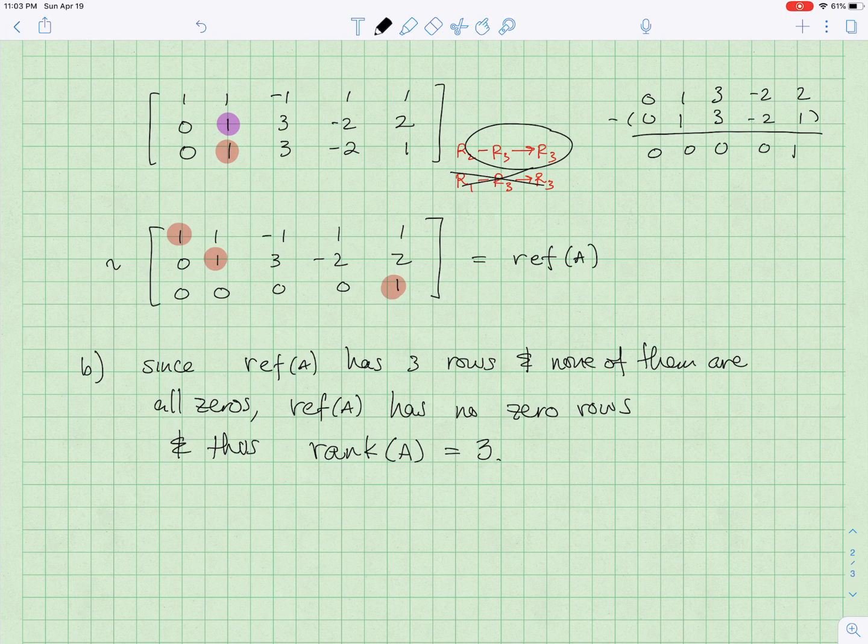The rank of REF of A is also 3, but we say that the rank of A is 3. So there's our answer to part B.